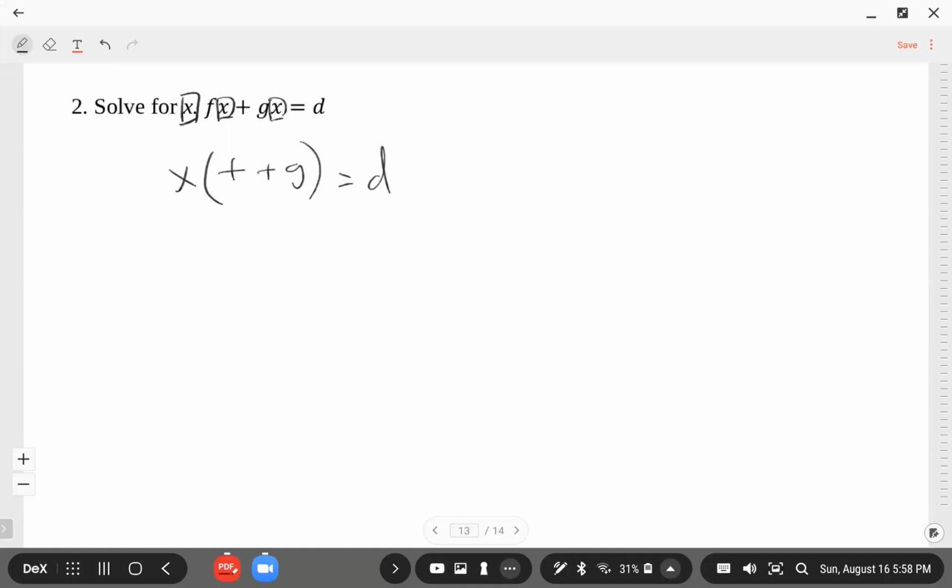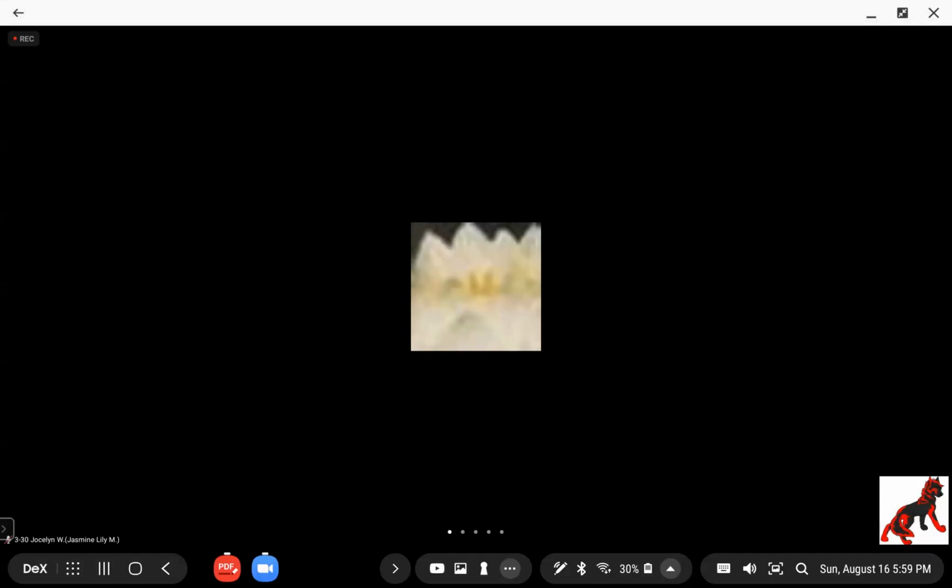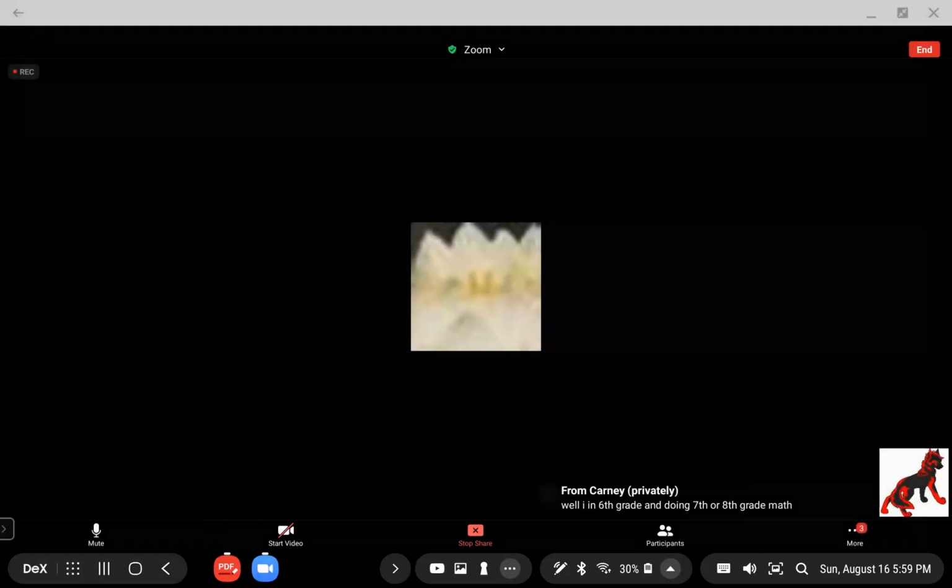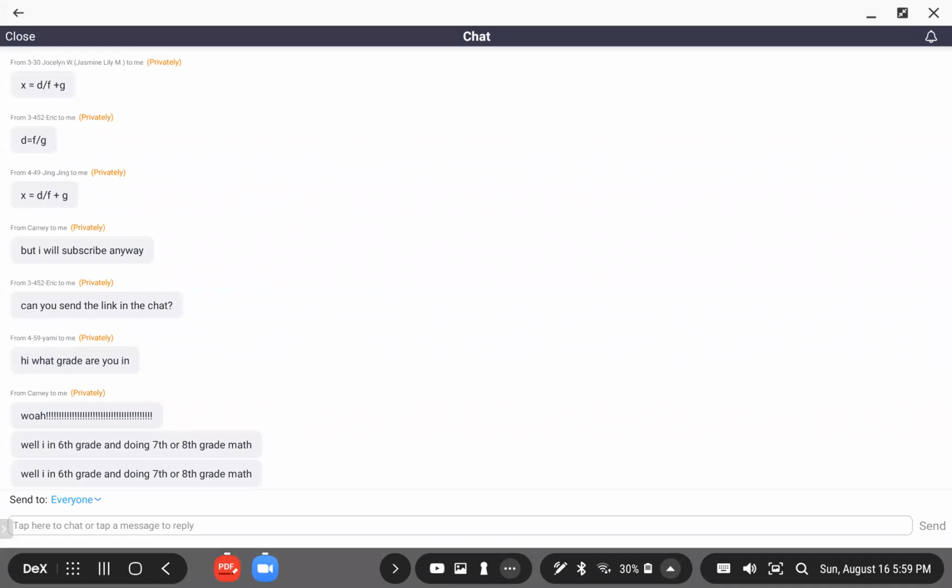Then we just divide the whole thing by f plus g, and we get x equals d divided by f plus g. That is our answer. A lot of you got that correct. Very good job. You have a very good understanding.